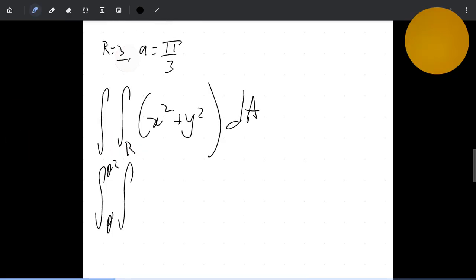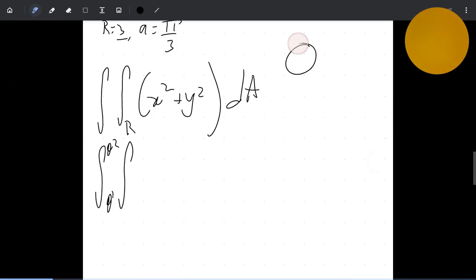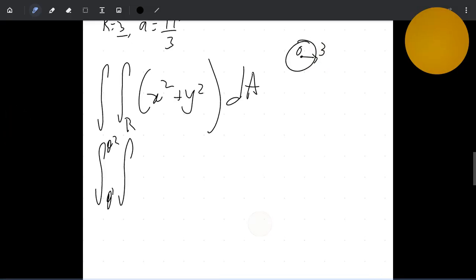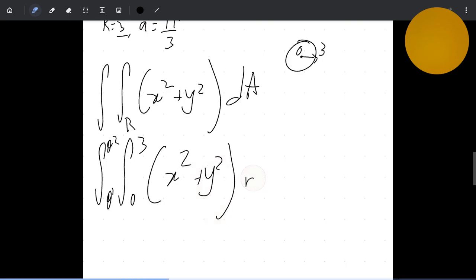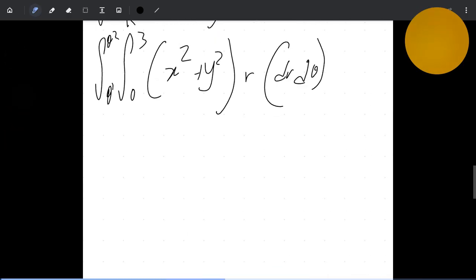The radius was from 3, so origin of the circle, which is 0, ranging towards 3. So that's just going to be 0 to 3. X squared plus y squared dA. You already know r dr d theta. So x squared plus y squared is just r squared.